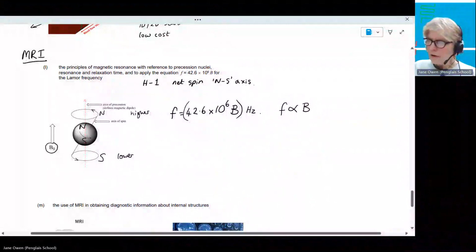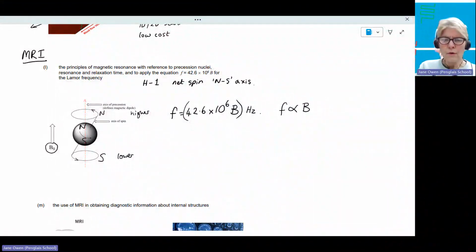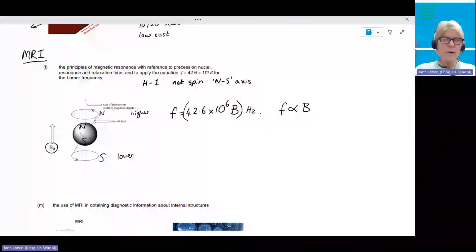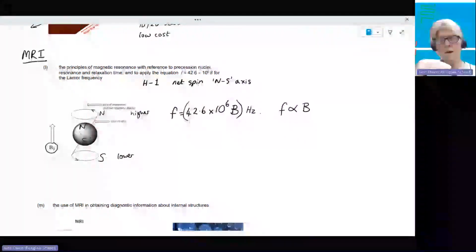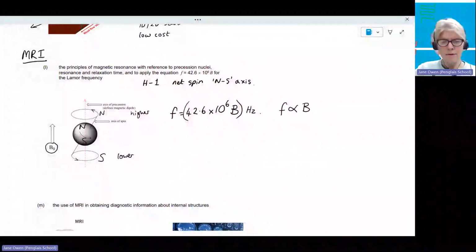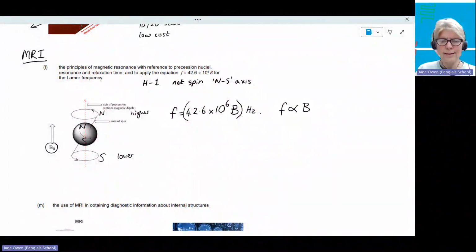Okay. When the radio frequency pulse stops from flipping and getting it to align in a higher energy spin, then it will relax down. The spin state will relax down into the lower energy state.